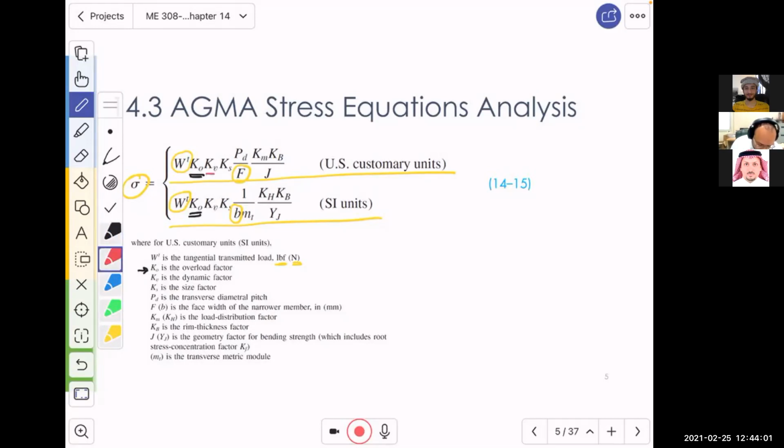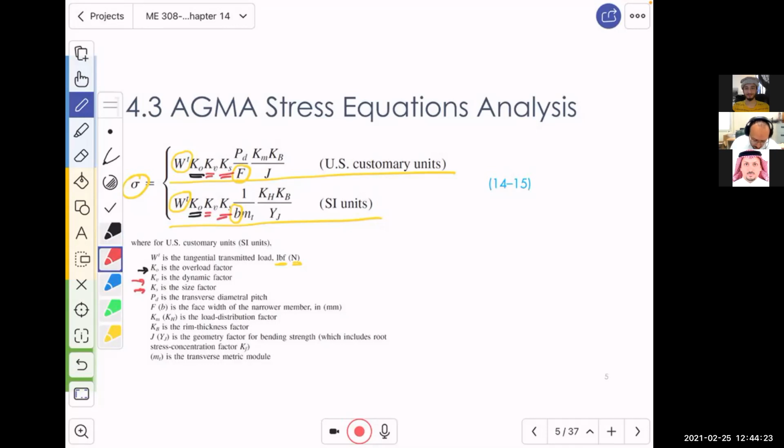Then we have Kv. Kv is the dynamic factor, which is very reasonable. At the end of the day, gears are always in motion. They never stop. So the dynamic action there is very important. Then we will have Ks, which is the size factor.